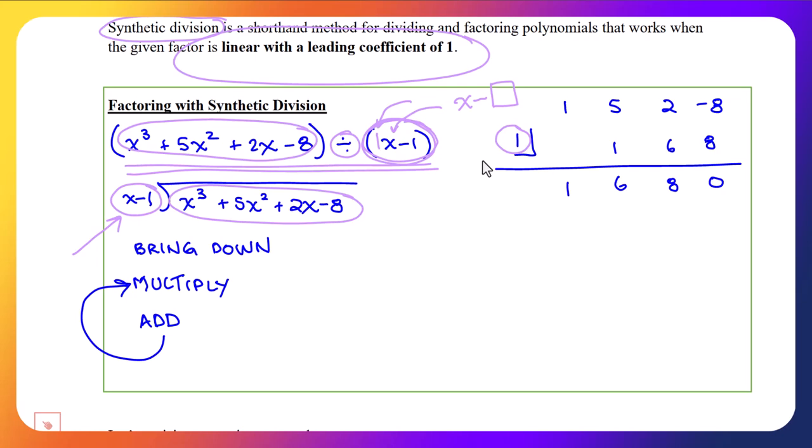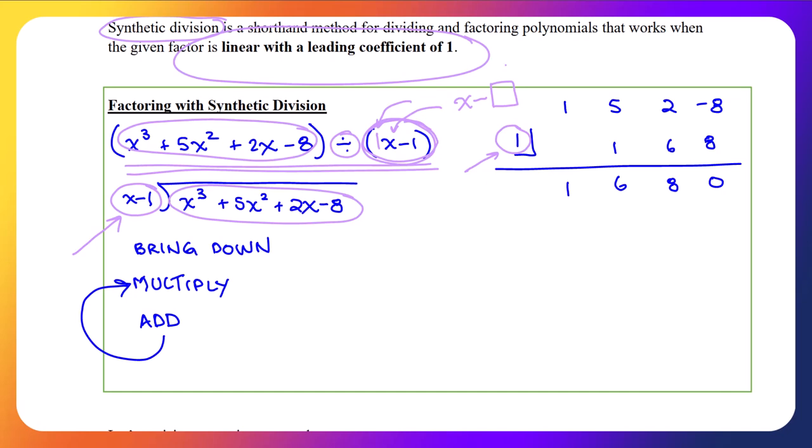Here I'm subtracting 1. If the divisor was x plus 1, then I would be subtracting a negative 1, which would go there. But in this case, it's very straightforward. What I am subtracting is 1.